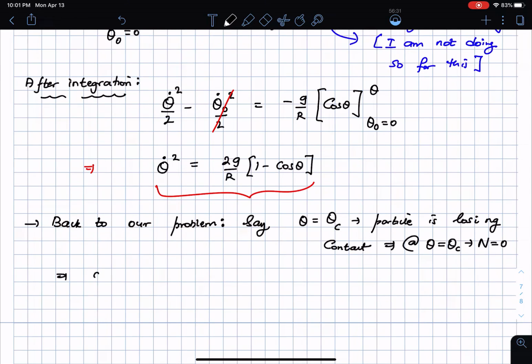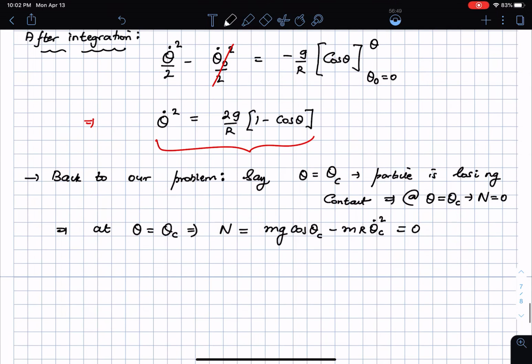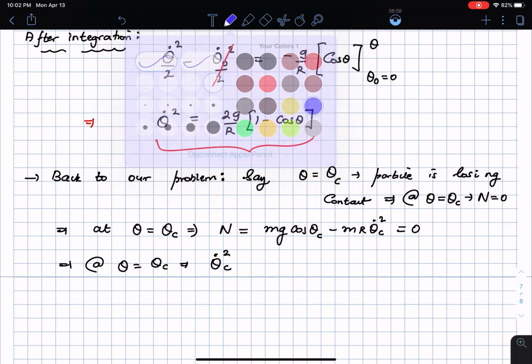that at theta equal to theta critical, the normal force, which is mg cos theta critical minus m r theta dot squared critical, should be 0. And at theta critical, theta dot squared critical, I'm just going to borrow what I have from here.